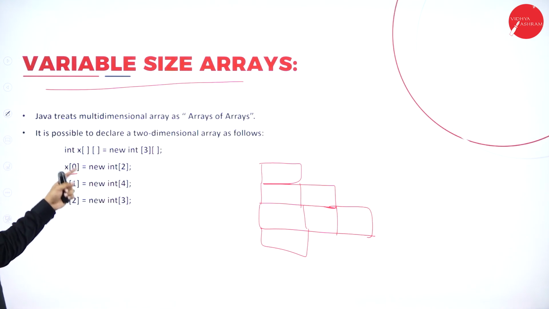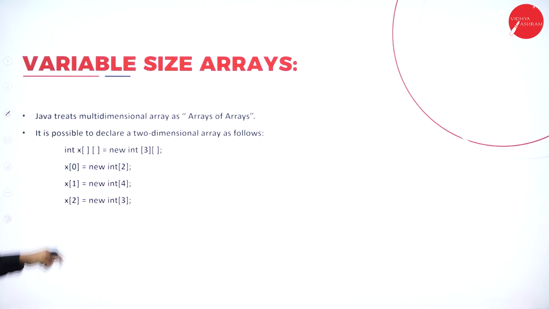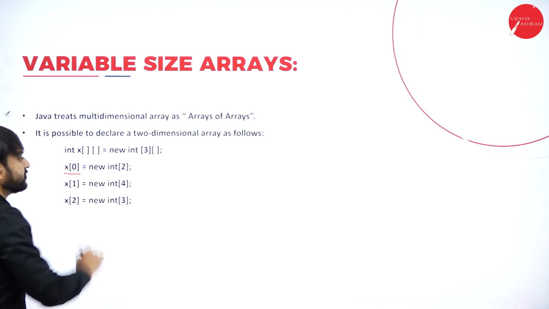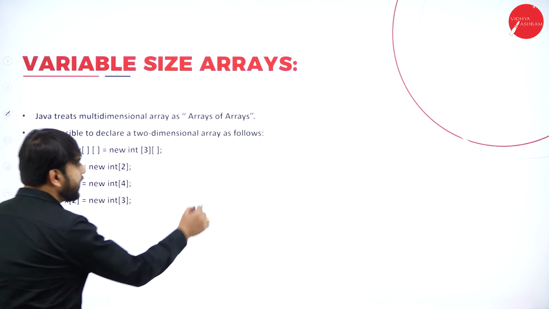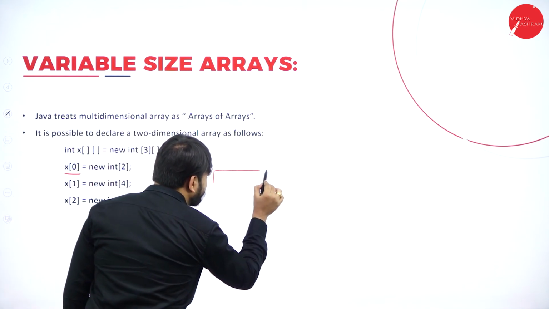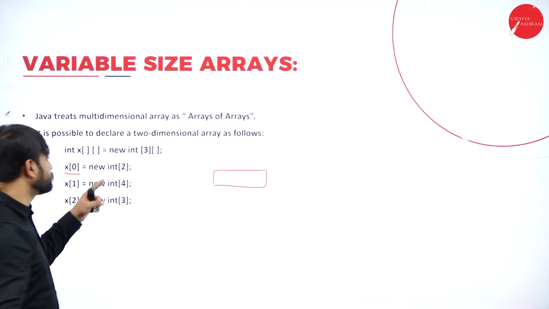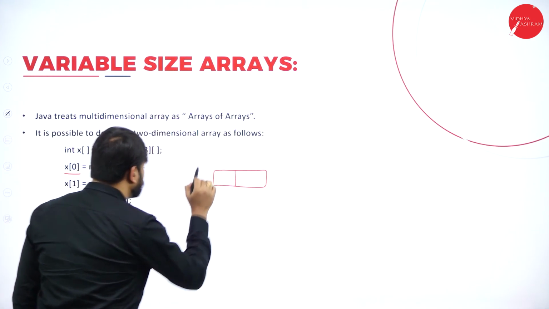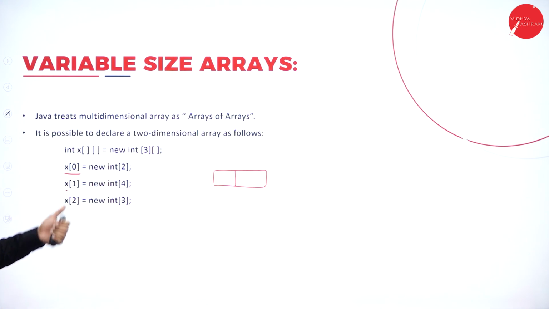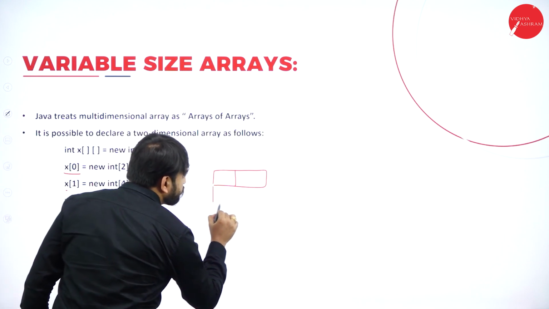Sir, can you explain how exactly this is working? Yes, listen to me carefully. Let me implement this and show you. I have x[0]. For x[0], the first location, I have 2. What is the size? I have 2. When it comes to the next location, how many array elements will I have?